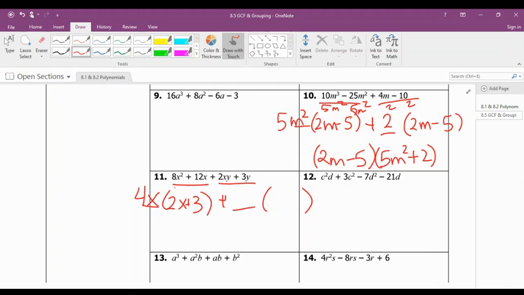Oh, this one has no numbers. Nothing goes into both of those. You are allowed to have 1. If nothing goes into the second set, you can have a 1. Put your 1 there, you're going to need it.